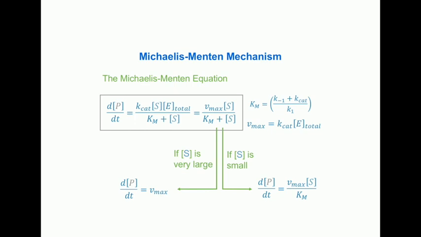If I gave you one of these equations, embedded in this equation is everything we need to know about whether this is a first order process, a zero order process, a second order process, everything we talked about. The rate equations we talked about experimentally in the first class, or yesterday's class, are really no different than this. This is just the theoretical rate equation based on the equations that describe the mechanism you're talking through.